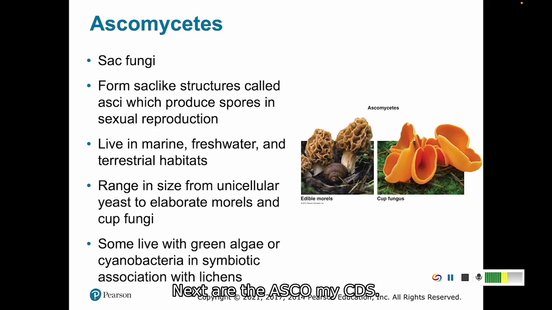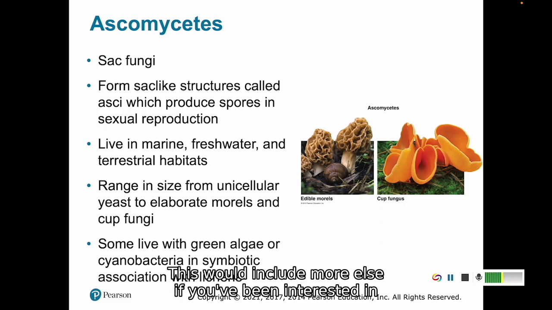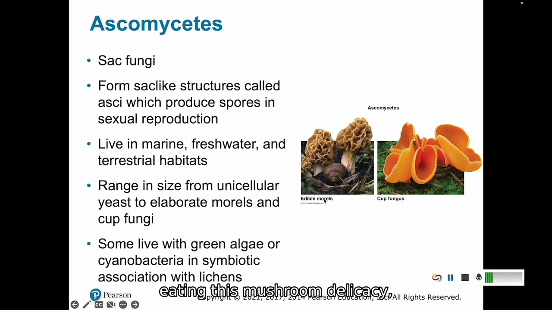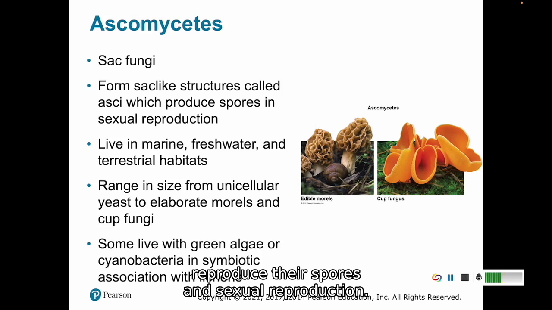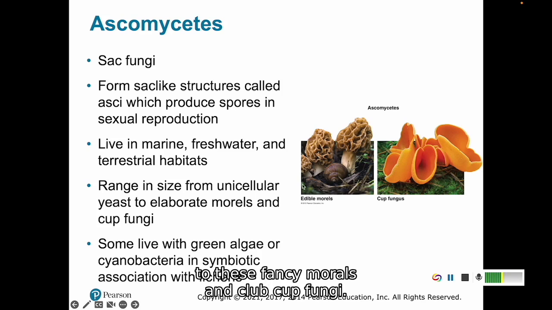Next are the ascomycetes. This would include morels, if you've been interested in eating this kind of mushroom delicacy. They form these sac-like structures called asci that produce their spores in sexual reproduction. Ascomycetes live in marine, freshwater, and terrestrial habitats. They can go from individual little yeasts to these fancy morels and cup fungi.